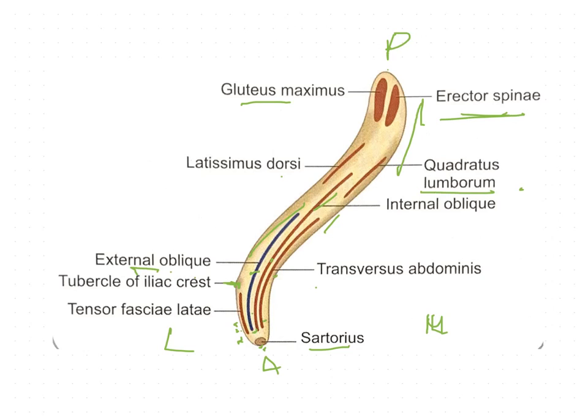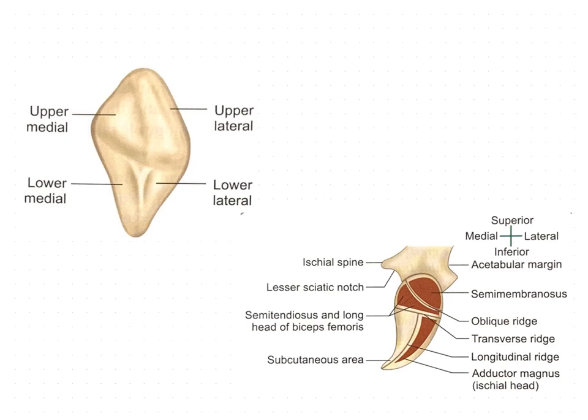You can also find the exact attachments of the semimembranosus and the hamstring muscles over the ischium. Yesterday we saw that the ischium is divided into four parts, seen at the lower end, behind and below.